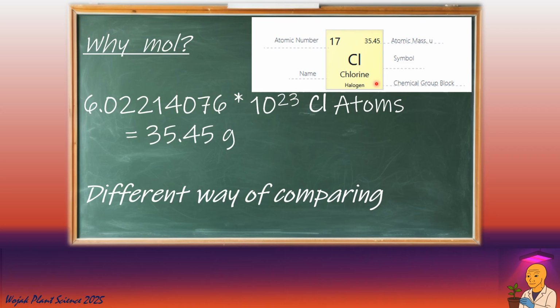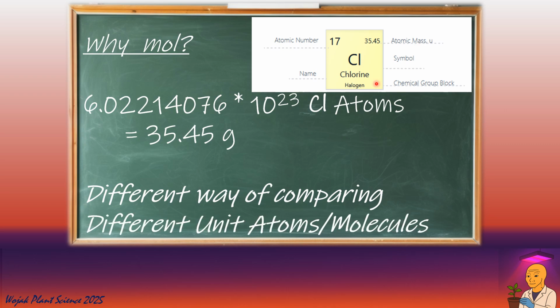But in the periodic table, you find the atomic mass for 1 mole. It's like a different unit for atoms and molecules. Any atom needs to have a mass, and every molecule needs to have a mass.